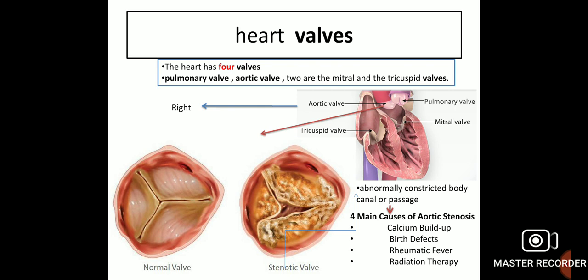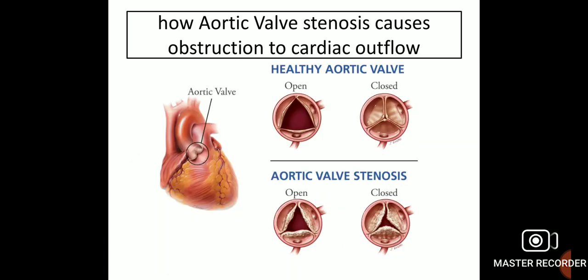So there are four main causes of aortic stenosis: calcium buildup, birth defects, rheumatic fever, and radiation therapy. Aortic valve stenosis causes obstruction to cardiac outflow because of its calcification.